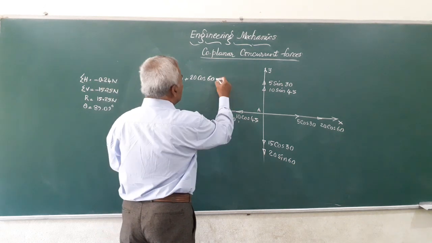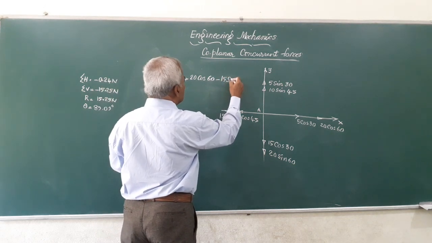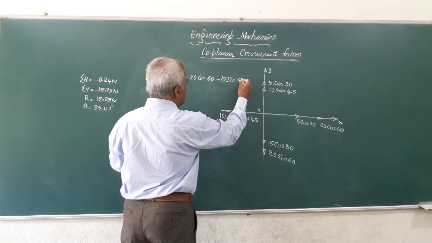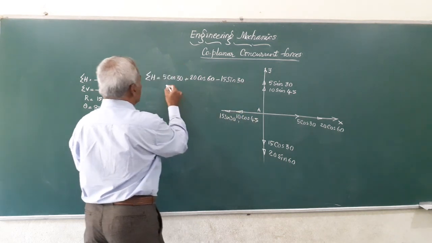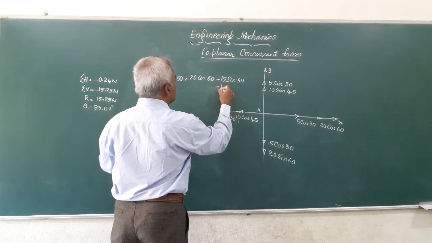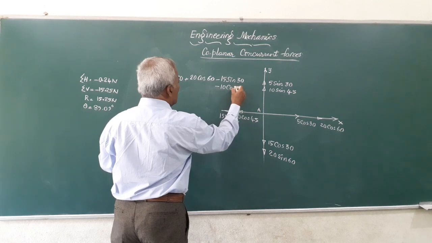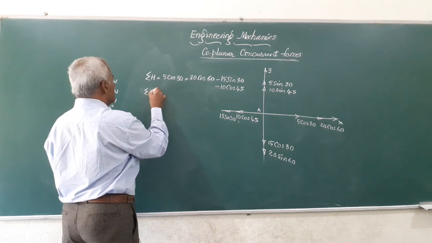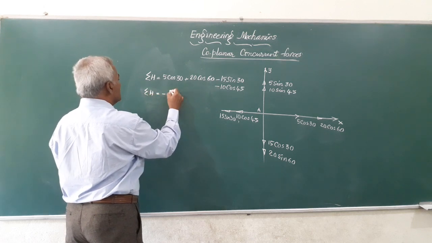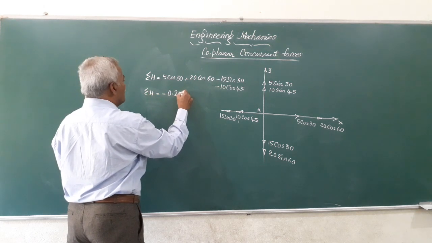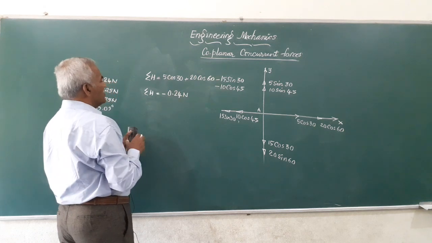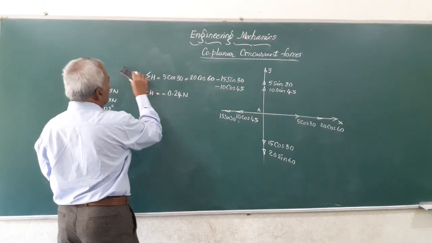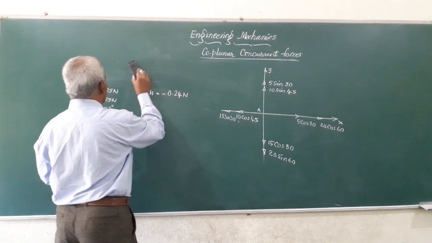I will say minus 15 sin 30, then minus 10 cos 45. Friends, if you simplify this, you will get sigma H is equal to minus 0.24 Newton. After simplifying all these, you are going to get this value of the sigma H.